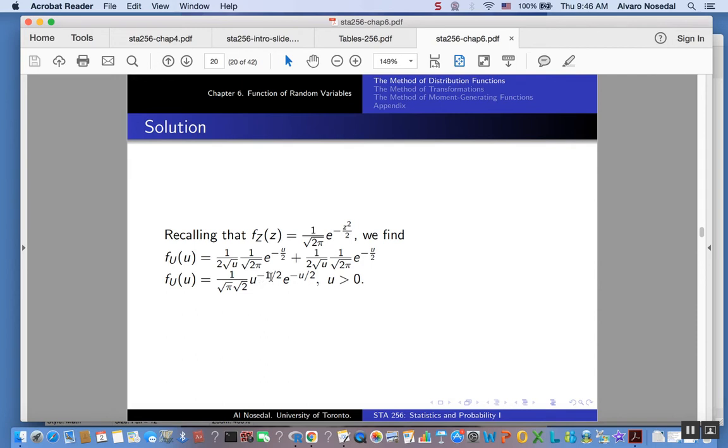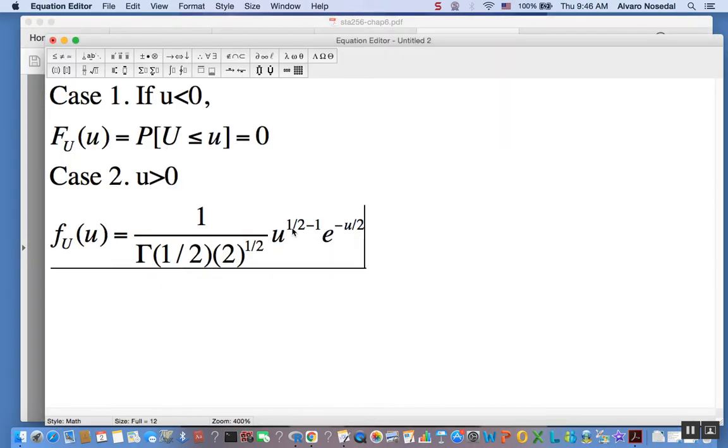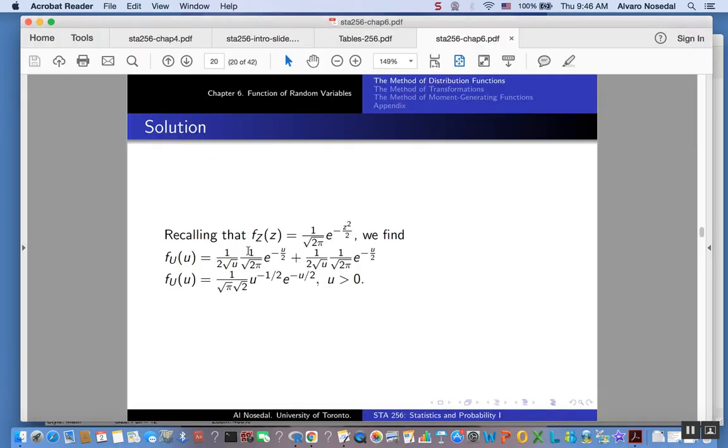E to the negative u/2 is the same as u to the 1/2 minus 1. The other one is exactly the same. And here we have 2 to the power 1/2, which is just the square root of 2, right? And now gamma evaluated at 1/2.